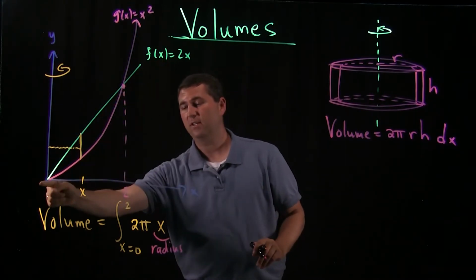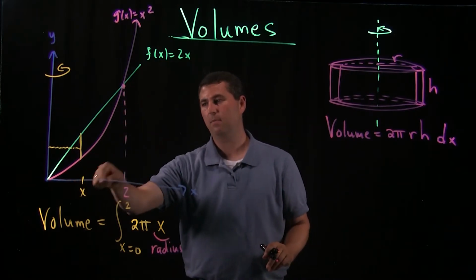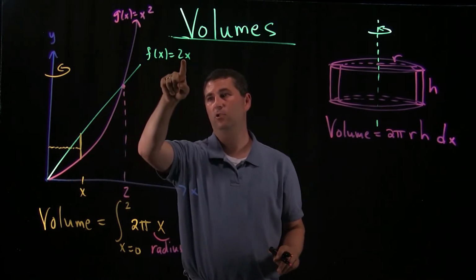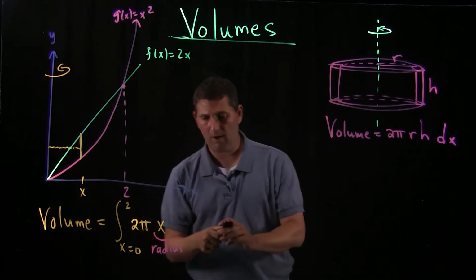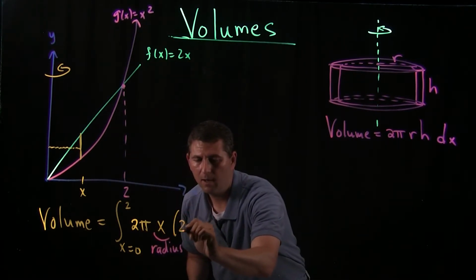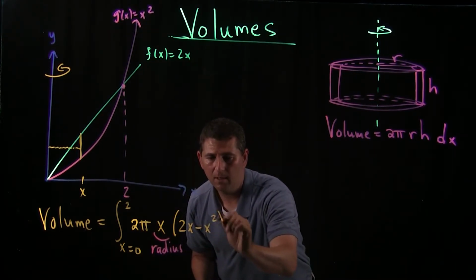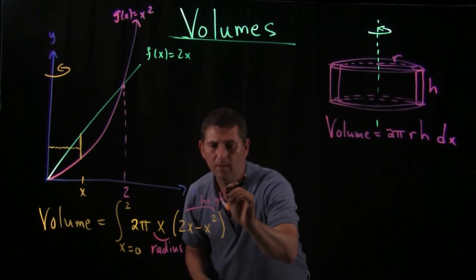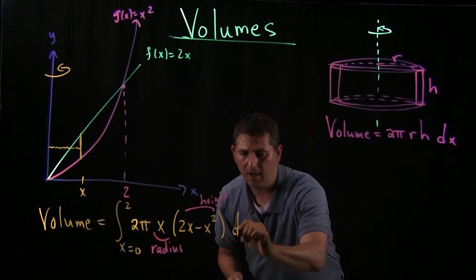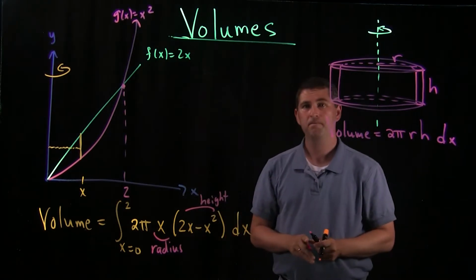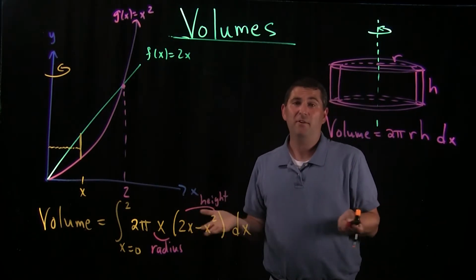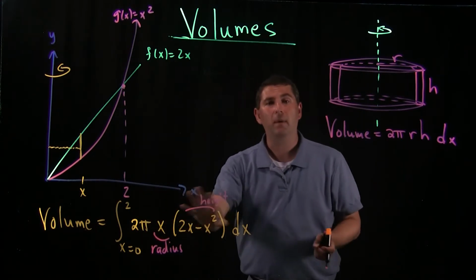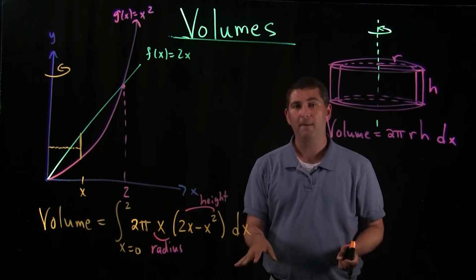The f of x is on top, the g of x is on the bottom, so I just need to subtract 2x minus x squared. And that will give me the height of my shell. And then, of course, I have my dx. Okay? That's all there is to it. Of course, you're going to work this out. I won't waste your time with that.